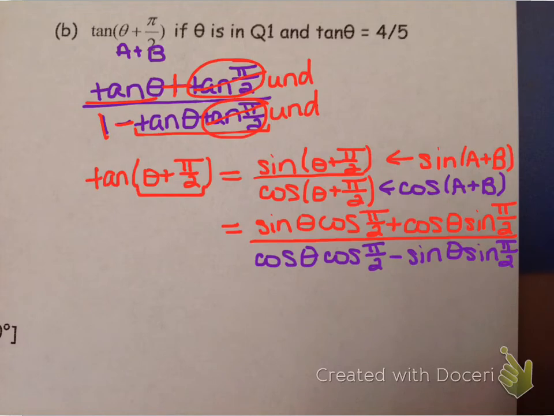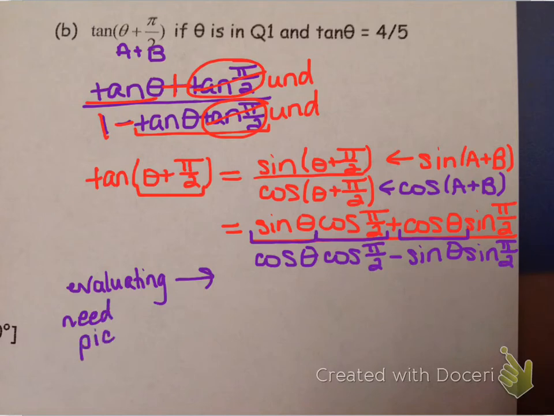Now, at this point, you have two options. Option one, right here, I'm going to start evaluating, start plugging in numbers. I can do it for all 8 parts: sine of theta, cosine of pi halves, cosine of theta, the whole nine yards. But if I'm going to do that, then I need a picture.